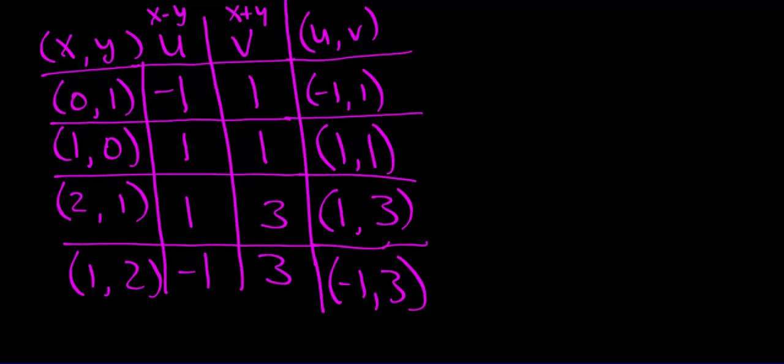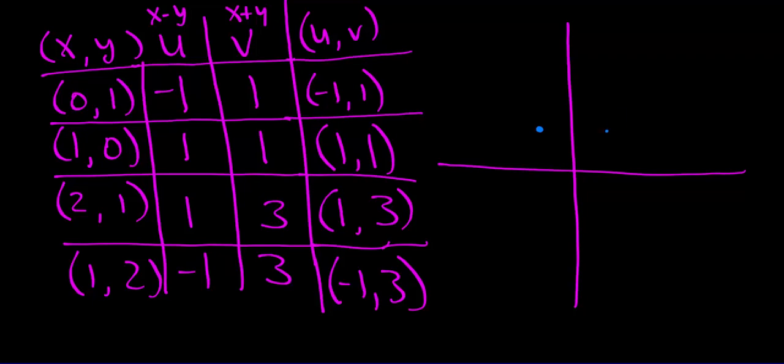Now, let's see what this looks like. Let's plot these points. I've got negative 1, 1, about right there. I've got 1, 1 right here. I've got 1, 3, and negative 1, 3. Now look what I've got.